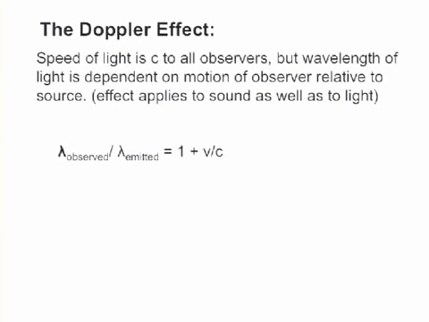Say it goes from 900 to 899. It shifts by 1. That's not much, but a radio detector is capable of seeing that shift. If it shifts by 1, the ratio is 99%. That means V over C must be 1%, so you are traveling at 1% the speed of light.